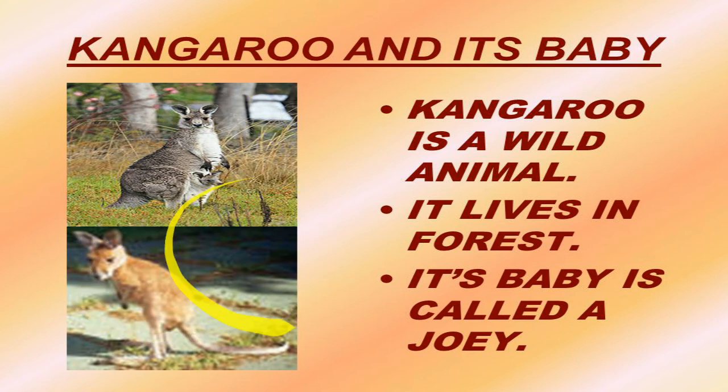A kangaroo is a wild animal and it lives in the forest, and its baby is called a joey. A kangaroo is also a herbivorous animal. They eat plants, grass, and leaves of trees, and also live in a forest. Children, you all understand that a baby kangaroo is called Joy.